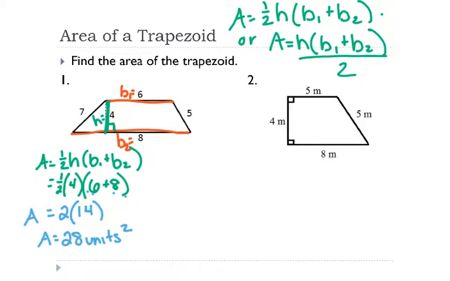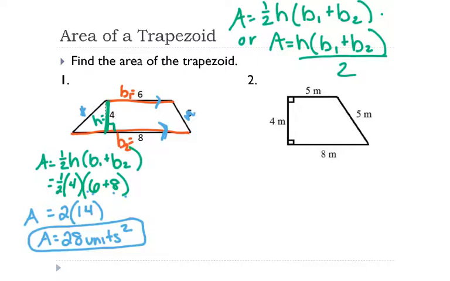Okay, so since no units are given, you just write units. So there's the area of my trapezoid. Remember, your bases come from your parallel sides, and your height comes from a perpendicular segment that connects your bases. These other numbers right here, they don't really mean anything with us being able to find the area.